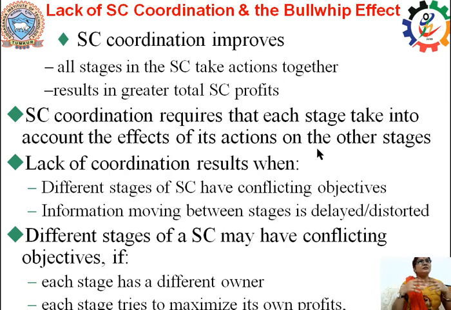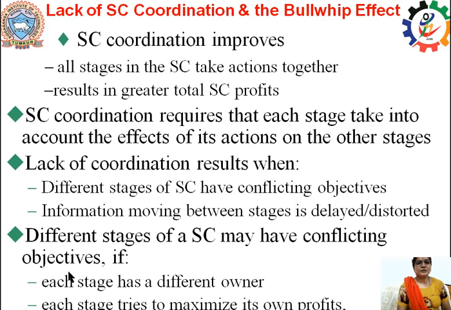So he misinterprets it because information is not properly given, or it was given after a delay. Or if the demand is 100, the retailer gives the demand picture to the manufacturer saying that there is a demand of 120. So information is distorted. Due to these two things, lack of coordination results.